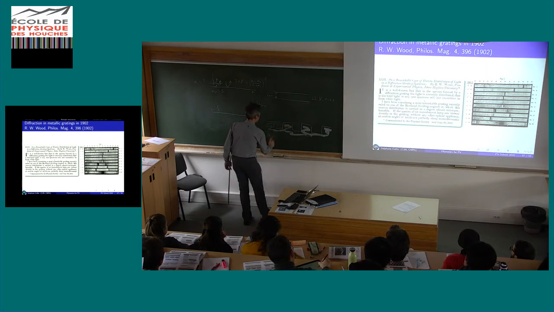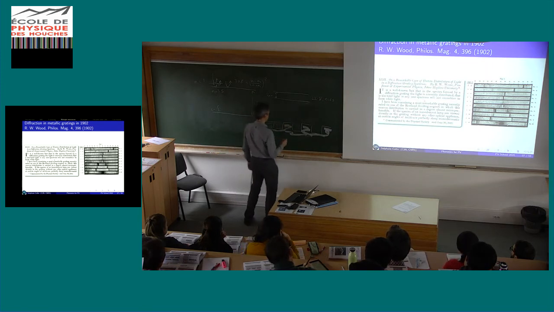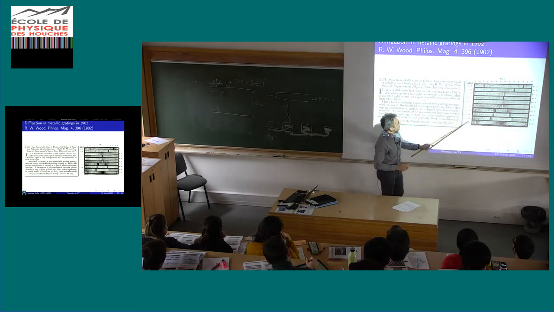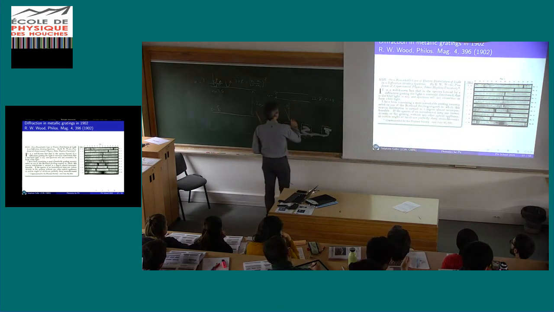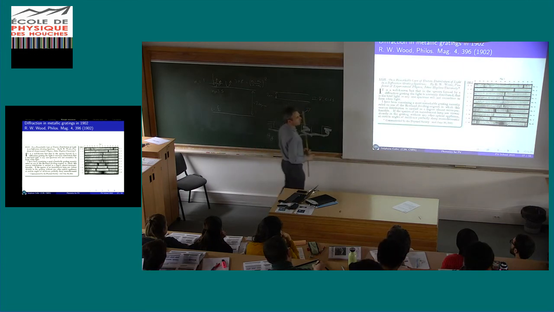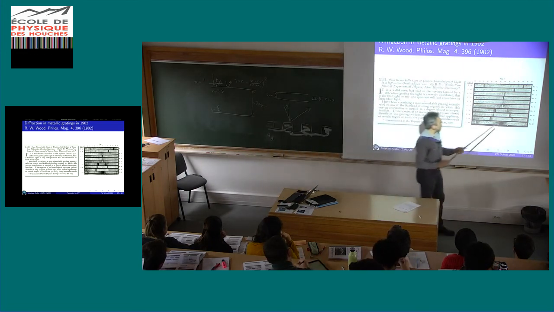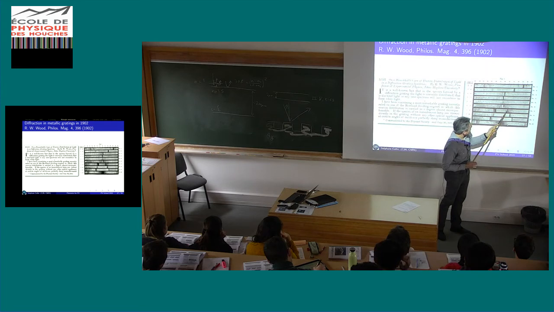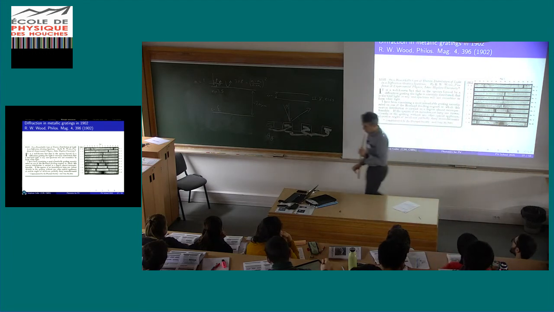Later, we will consider silver, because you don't absorb too much in silver. You have an incident light, whose angle is varied here, so you see different angles of incidence. And they look at the reflected spectrum. Wood saw these features, which are really remarkable, because he saw that you have a jump of the diffracted intensity. You see the dark shape here and the white shape here.